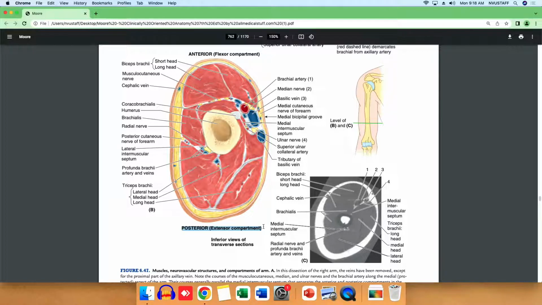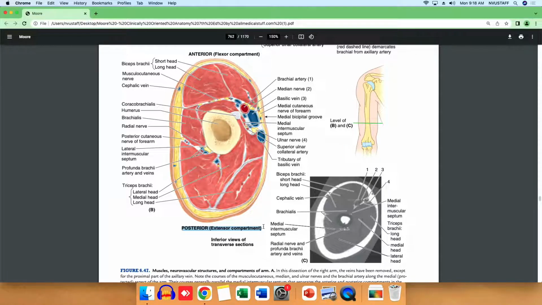So any type of movement they were producing was at the shoulder joint. If we talk about flexion of the arm, extension of the arm, abduction of the arm, adduction of the arm, and so on, everything is associated with the shoulder joint or glenohumeral joint.